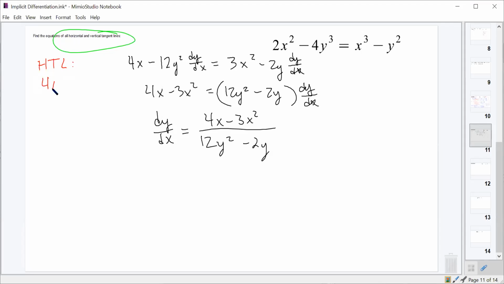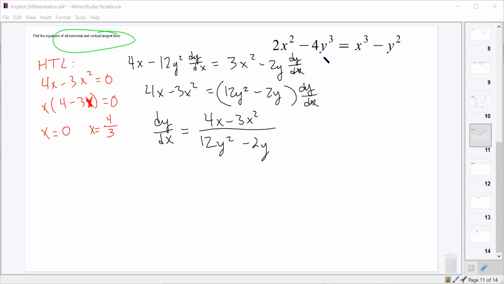So 4x minus 3x squared equals 0. Factor out the x, and we get 4 minus 3x. And so what two x values do we potentially have a horizontal tangent line at? 0 and what's the other one? 4/3. That's right.